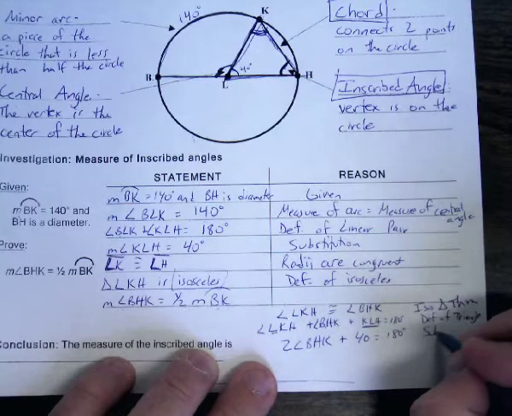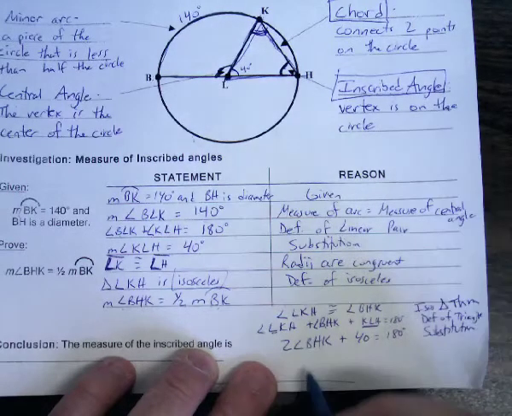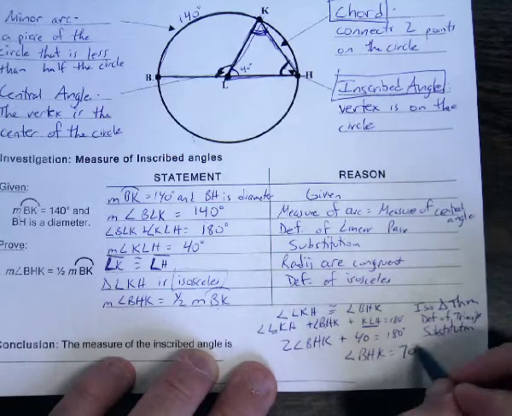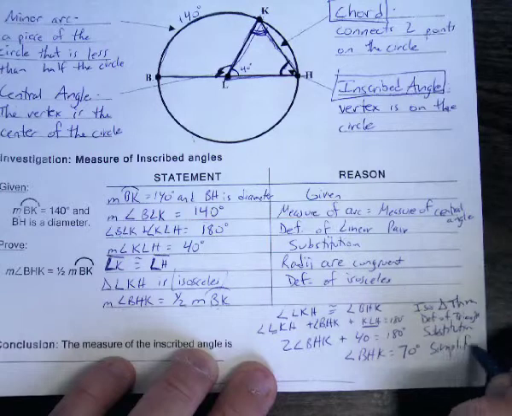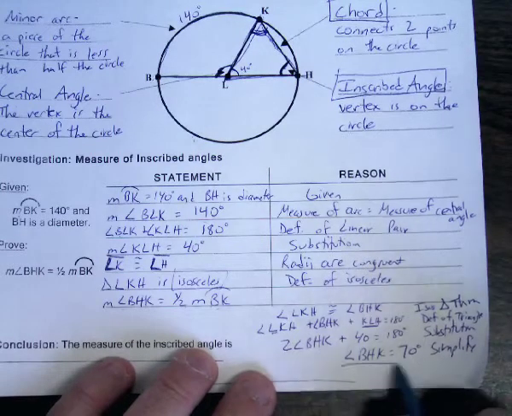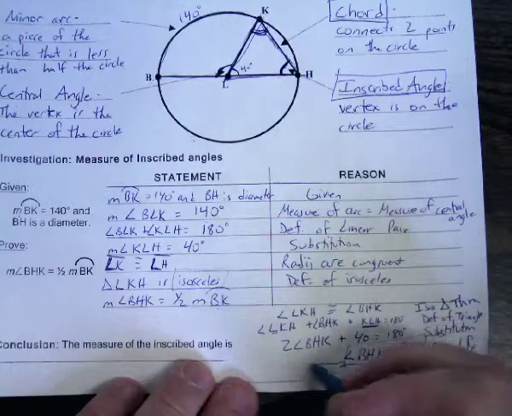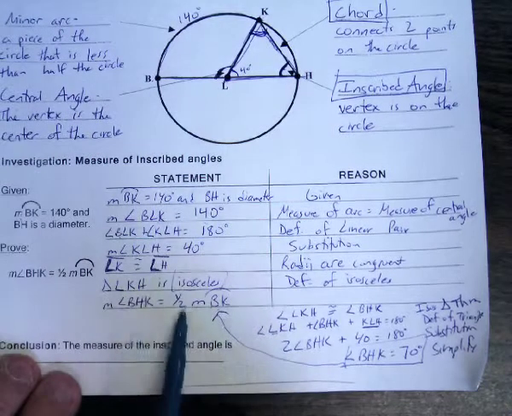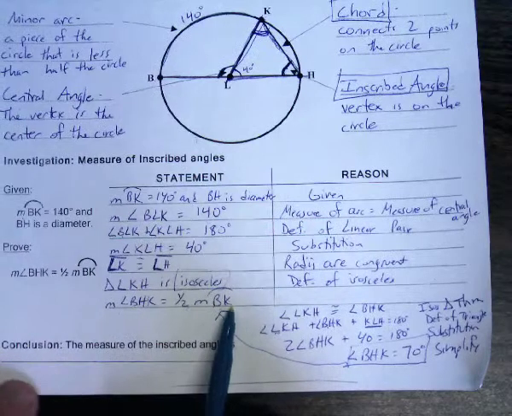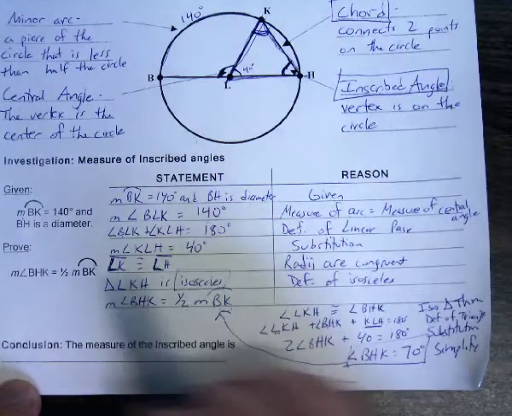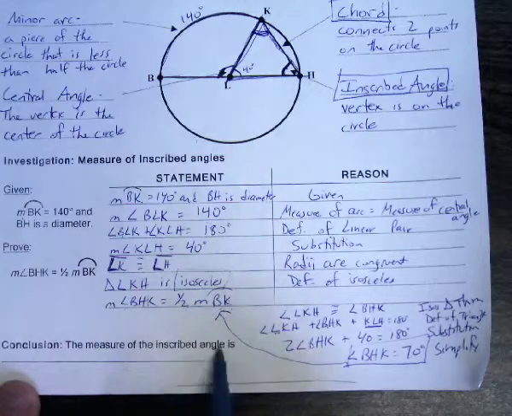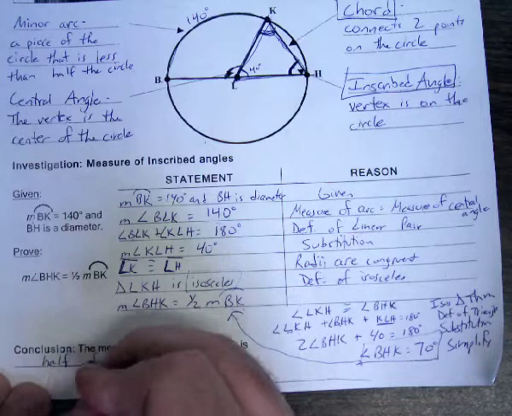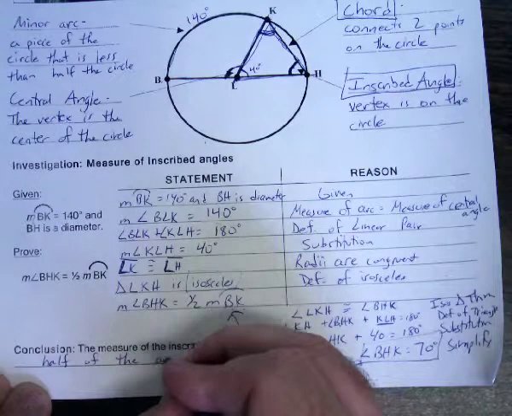That's substitution. And so we have angle BHK equals 70 degrees. Let's simplify. Okay, if we know that this equals 70 degrees, then we know that it equals half of 140. So all of this to say, the measure of the inscribed angle is half of the arc.